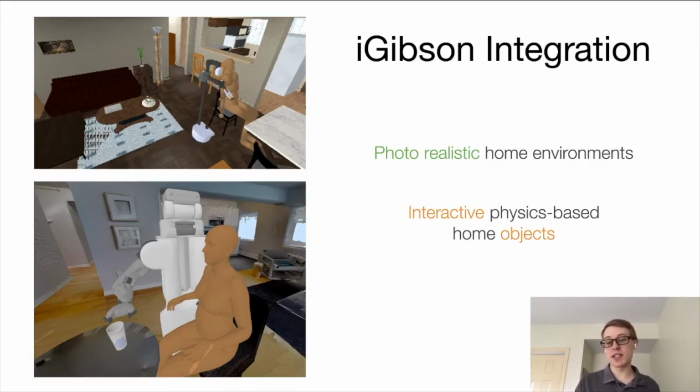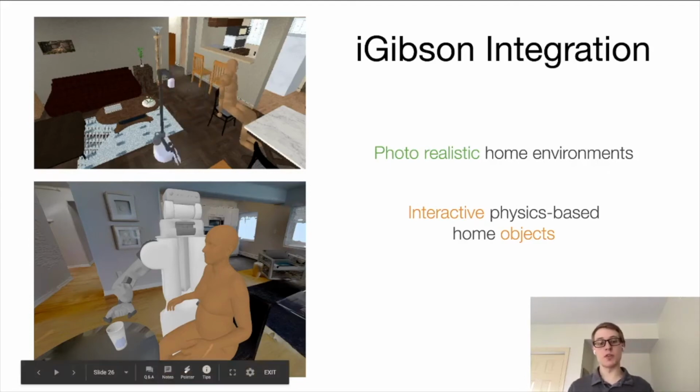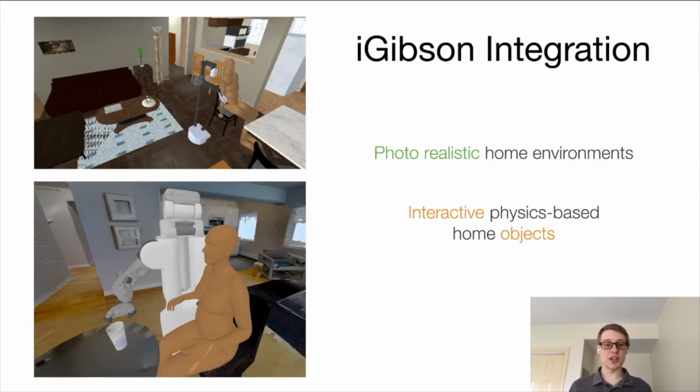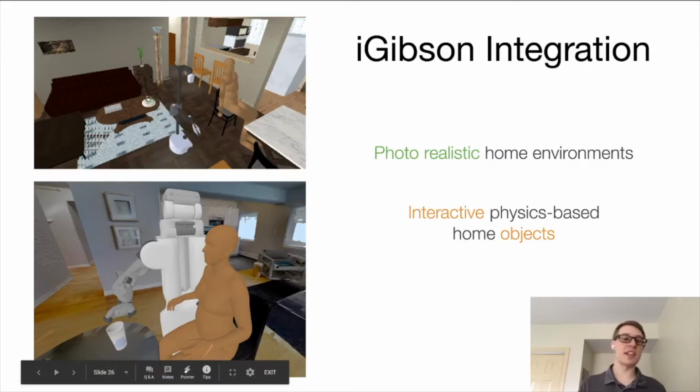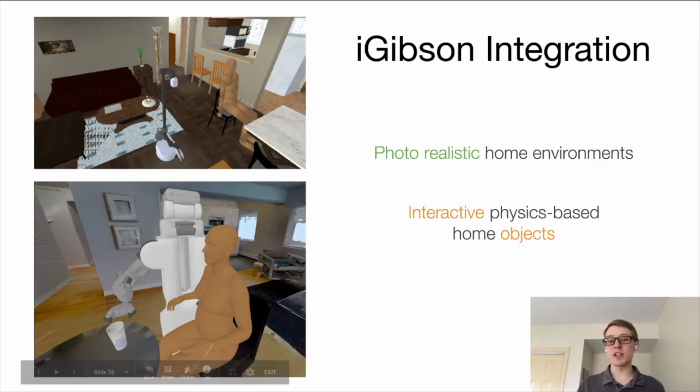So we can connect Assistive Gym with that and simulate humans and robots in these environments, where the robot can, for example, drive up to a person sitting in a chair. If the robot drives too far, it could push the person off of the chair, and the chair could fly around, these kinds of things. All of the objects in these environments are also interactive. You can push the tables, the different things on the tables can be pushed around and moved. Even the refrigerators and the microwave can be moved. So it's a very interactive environment.